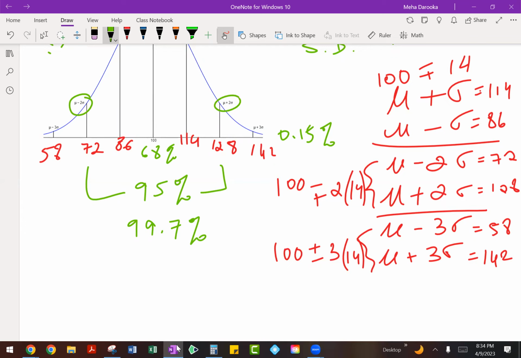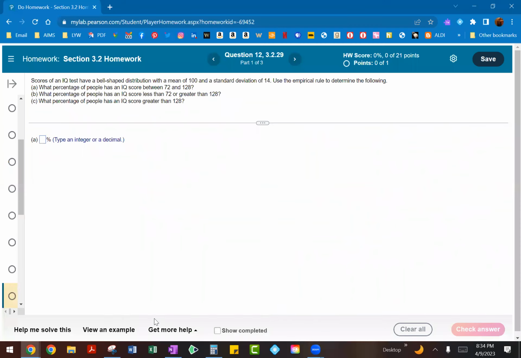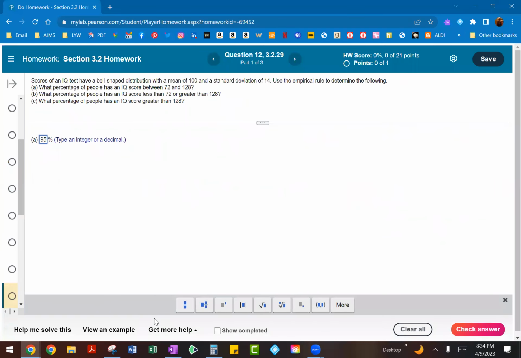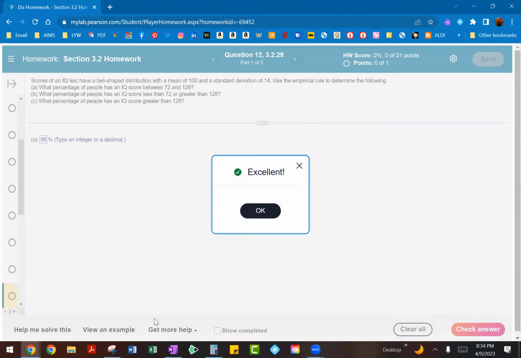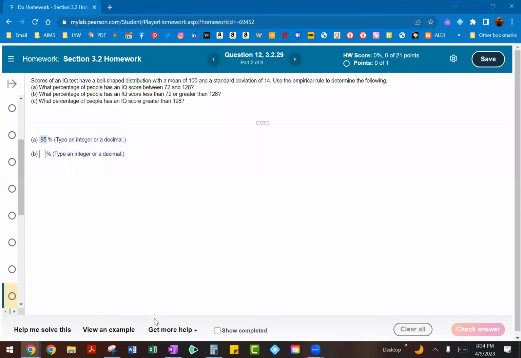So that comes out to be within 2 standard deviations. So that's going to be 95%. So for this one, we're just going to say 95% of the people will fall between IQ scores of 72 and 128.